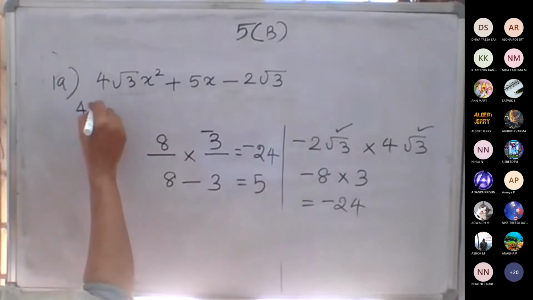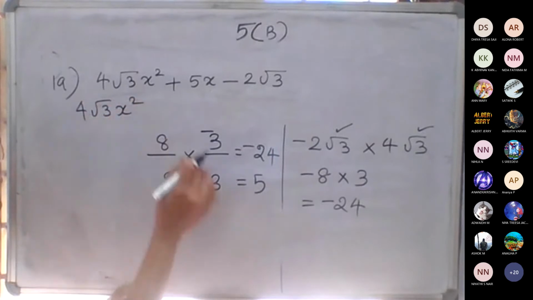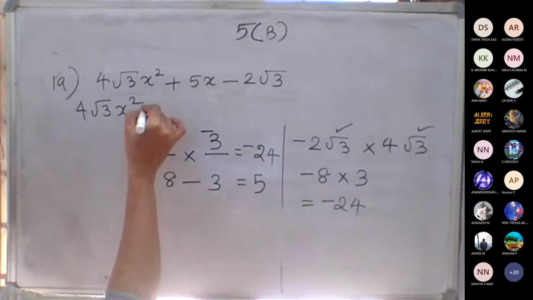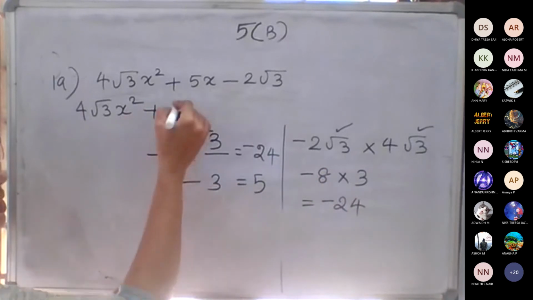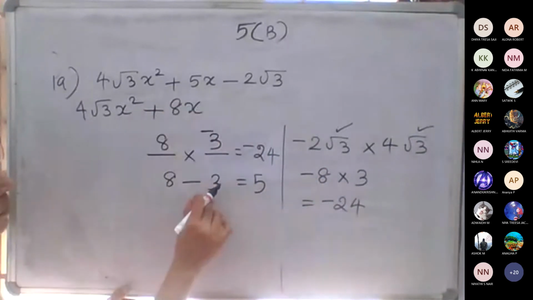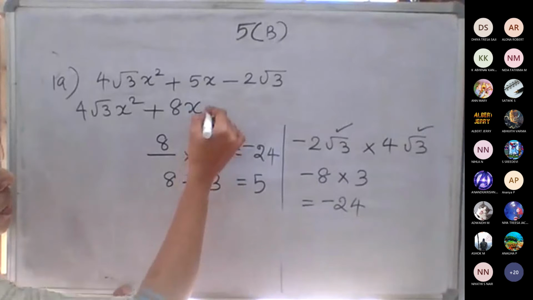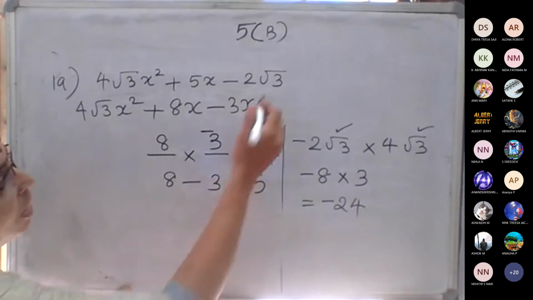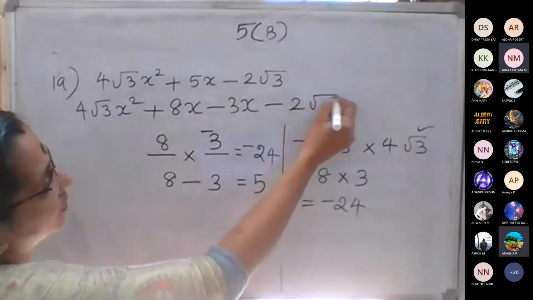So 4 root 3 x square, these all things you have to do in the working column, then plus 8x minus 3x minus 2 root 3.